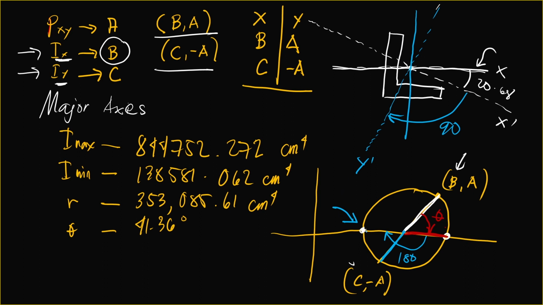This axis, the y-axis, is the weakest axis. If you use this shape, this angle, as a column, for example, this is most probably the way it will buckle.